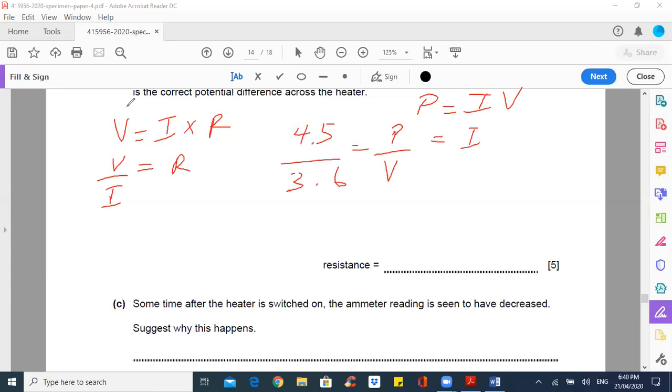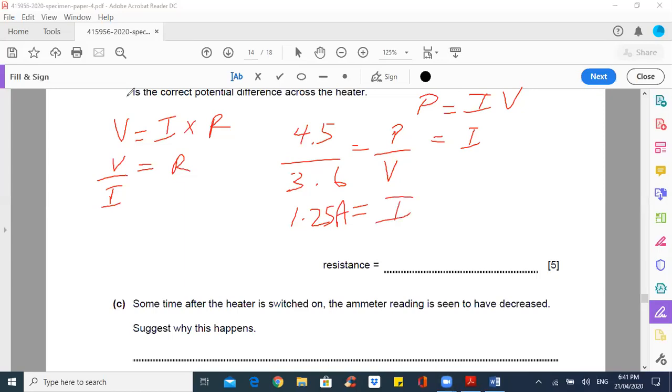When we divide 4.5 by 3.6, how much do we get for the current? 1.25, I guess. So 1.25 amps. Nice, 1.25 amps. So that's your current.